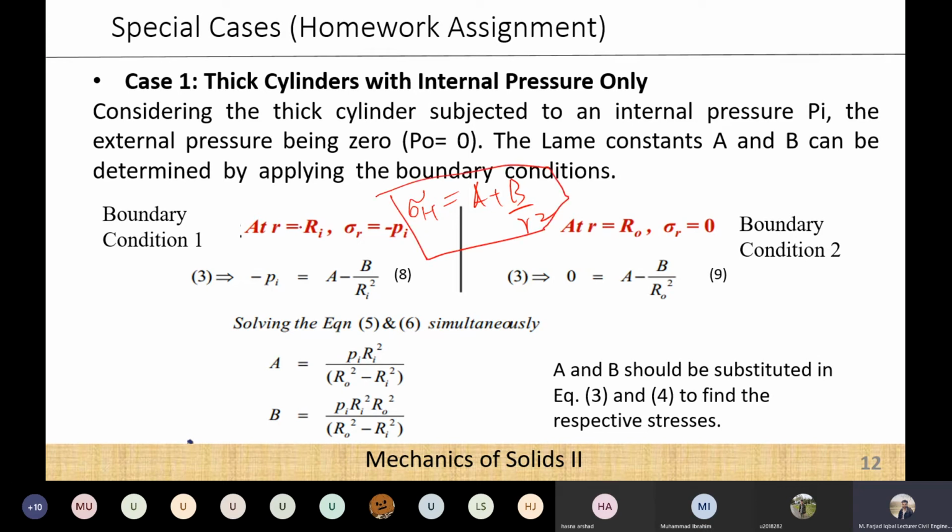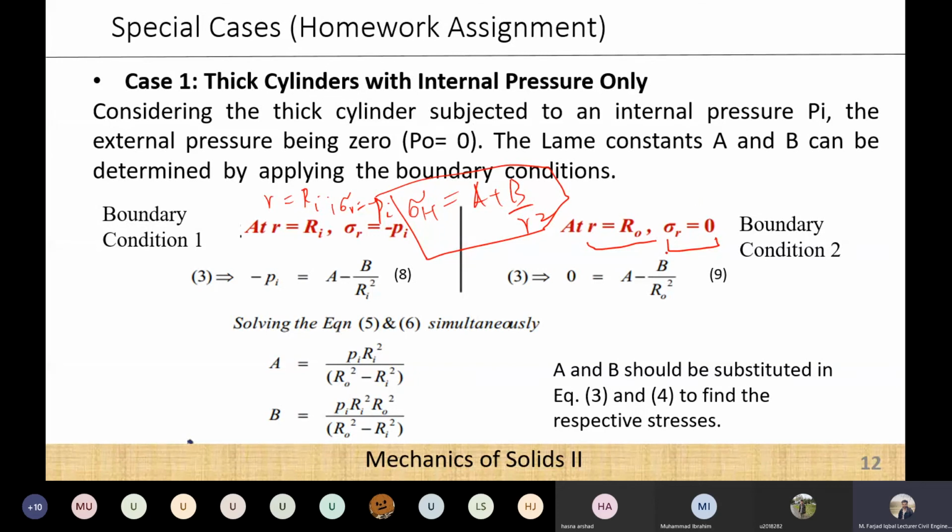Now what we applied in the derivation was the same boundary condition that at R equal to Ri, sigma R is equal to minus Pi. But in this special case, let's consider a thick cylinder with internal pressure only. That means that at a radius of R equal to R naught, this radial stress will be equal to 0. So this is our second boundary condition.